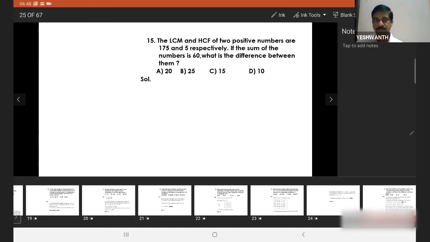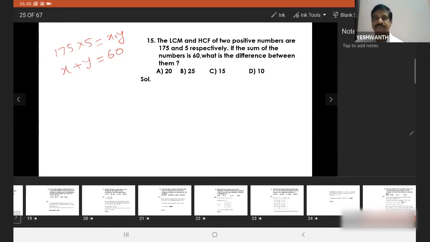Let us call the numbers x and y. 175 into 5 is the product of these two positive numbers. LCM and HCF should be equal to the product of those two, x into y. So the sum of the numbers, x plus y, is 60, he gave.